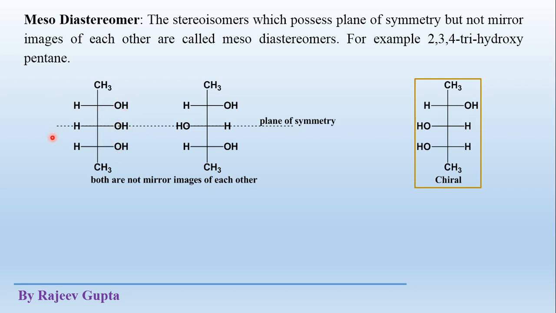Okay, so we can apply a plane of symmetry here, where this portion and this portion are mirror images and the hydrogen and OH groups cut in between. If the middle OH group transfers to the left side and hydrogen to this side, then this molecule also contains a plane of symmetry. So both these structures are meso.